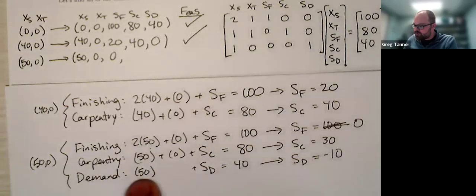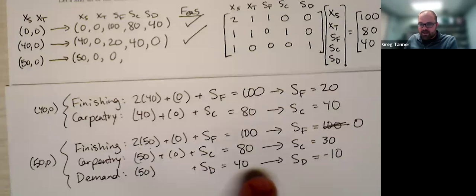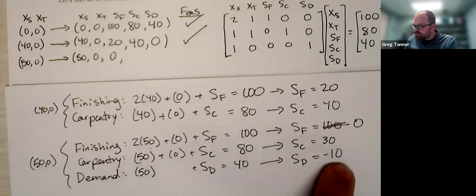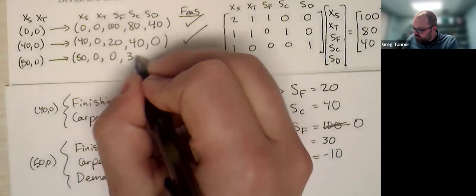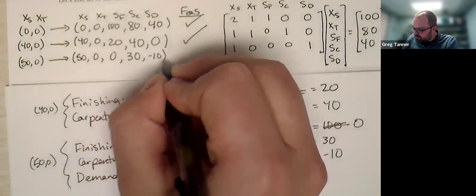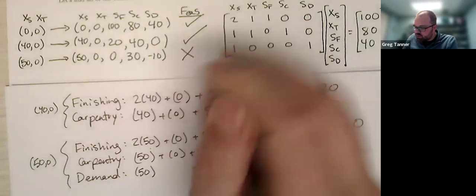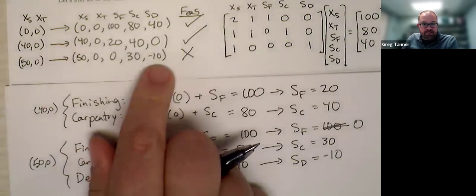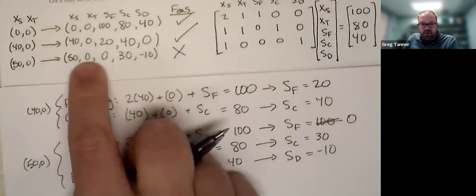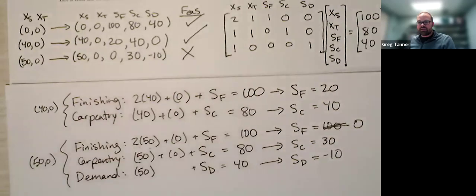We've made 50 when we said that we could only make 40. And so we've got a negative amount of slack, which means we were on the wrong side of the original constraint for demand. So filling in those values up here, we got 30 and -10. And is that feasible? No, because we got a negative value for one of the variables. And so it's not a basic feasible solution.